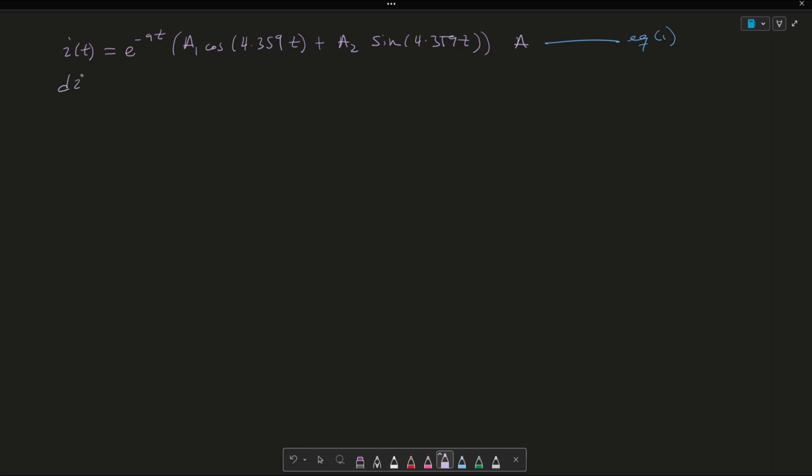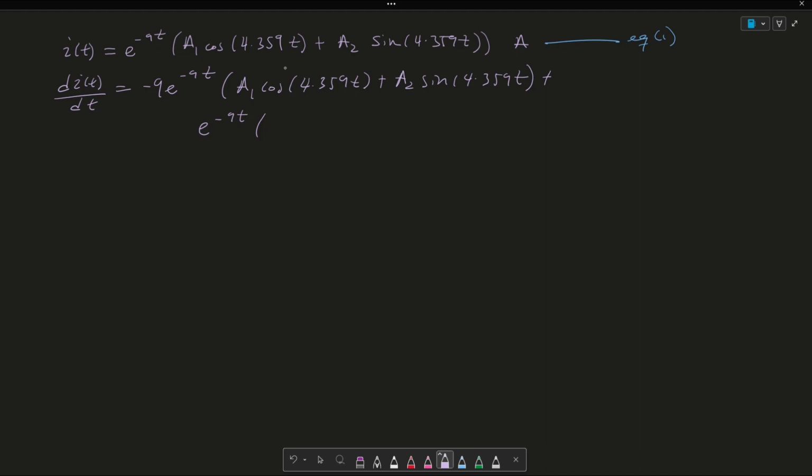So di of t over dt is equated to, we're going to take the derivative of our first term, so minus 9e to the minus 9t times A1 cosine 4.359t plus A2 sine 4.359t. And again, this is just a product rule, plus I'll leave the first term alone, so e to the minus 9t.